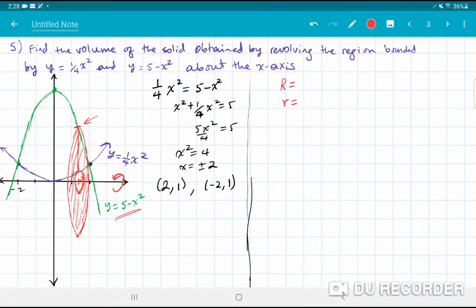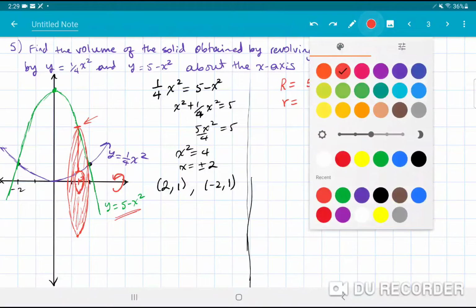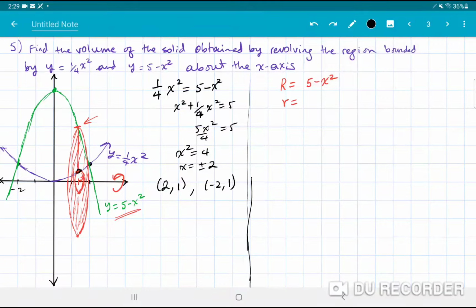The green curve is y equals 5 minus x squared, so the big radius is 5 minus x squared. And the small radius is from the x-axis up to the graph of y equals 1/4 x squared, and that's simply 1/4 x squared.